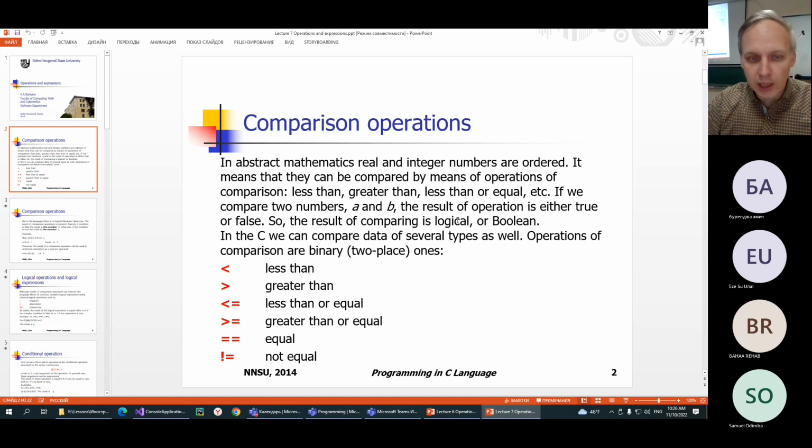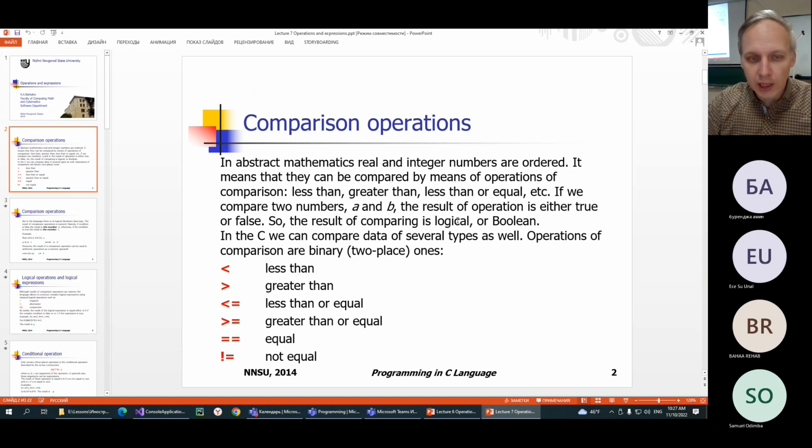What is the result of the comparison? The result of the comparison is so-called logical or Boolean. A logical result can have just two possible states, true or false. The value 1 is considered as true, and the value 0 is considered as false.